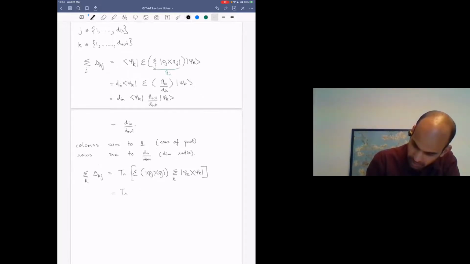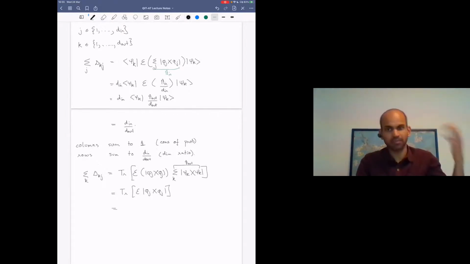And this is, of course, just the trace of epsilon acting on phi_j, because the other one is now the identity operator on the output space. Yes, and this is a map acting on a valid quantum state.